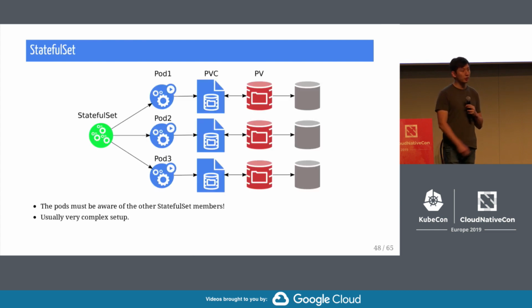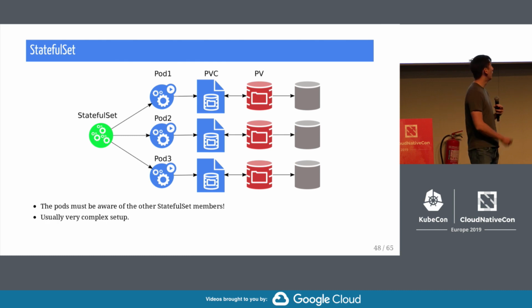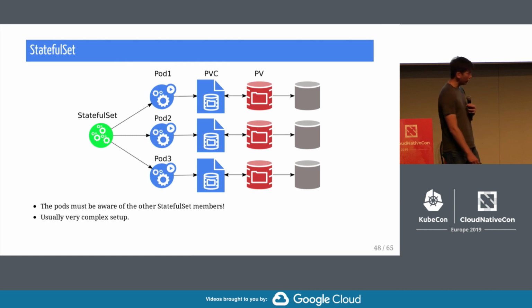Right? So this is what it ends up looking like in a 3-pod case. We have 3 pods here and 3 PVCs, each one connected to a pod. So in this case, each pod gets its own volume. And this is generally a good starting place for what you want. Right? But unfortunately, Kubernetes doesn't really handle your application needs.